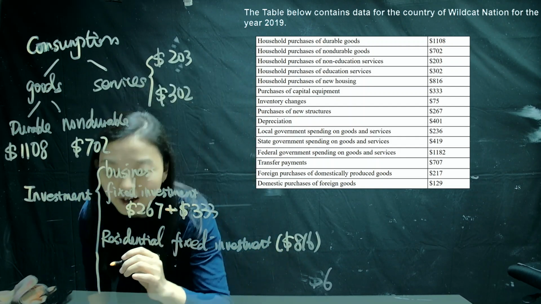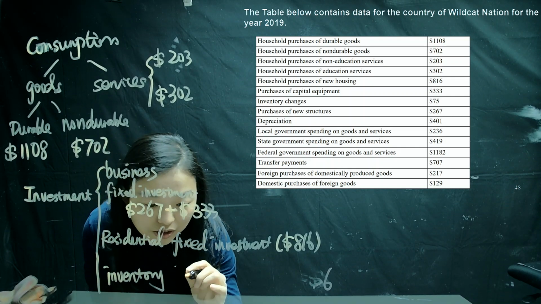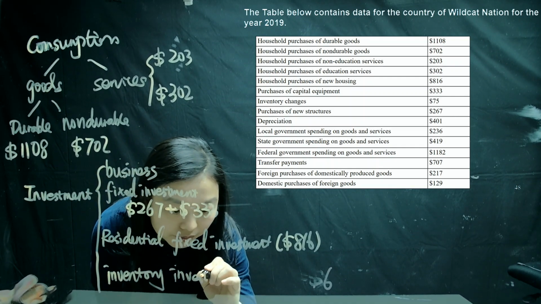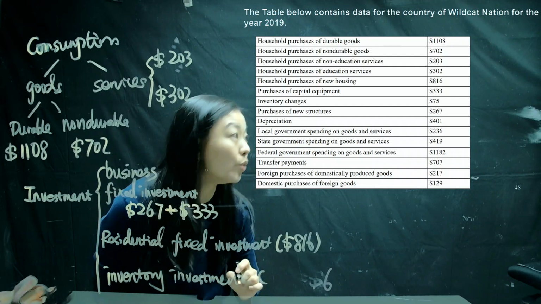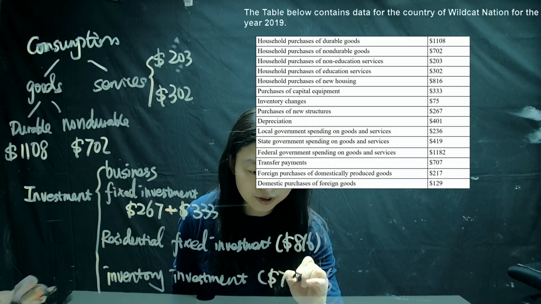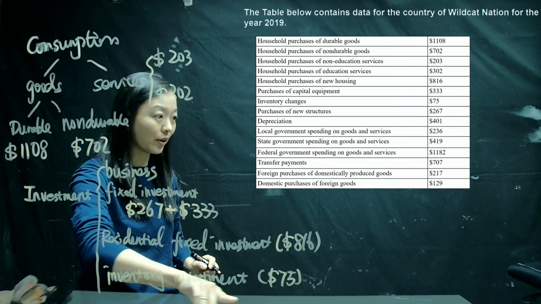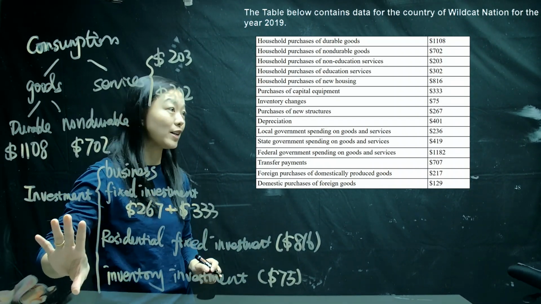And the last part of investment is inventory investment, which in this case will be $75. Adding those four numbers together, you can also get the investment.